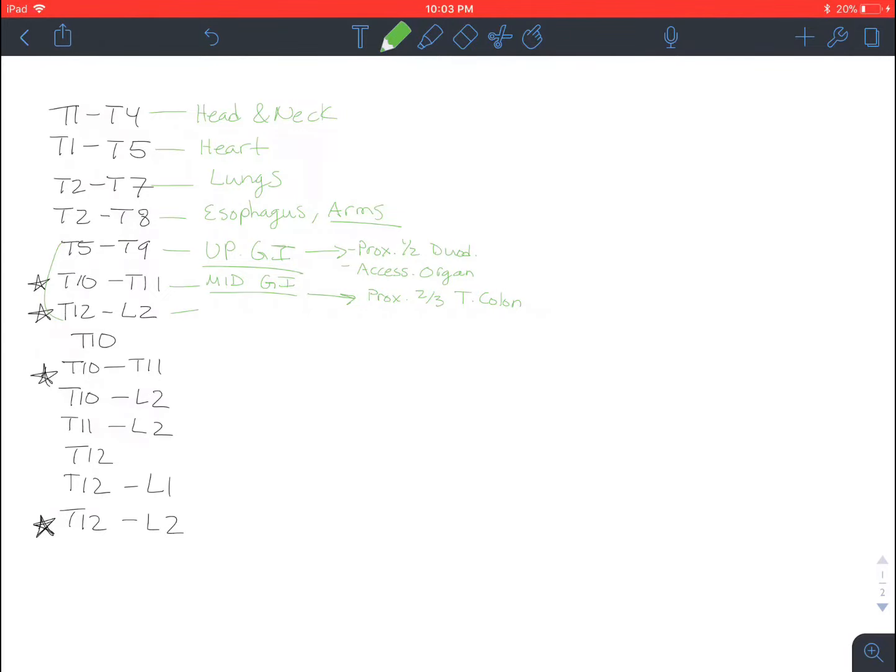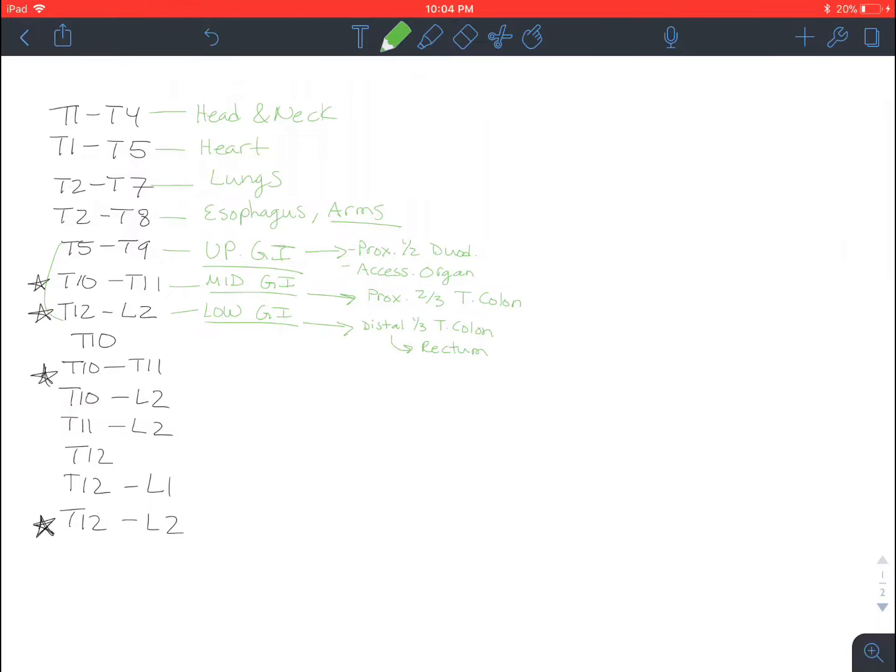And then you have the lower GI. So that one will be the distal 1/3 of the transverse colon all the way to the rectum. Good old rectum.